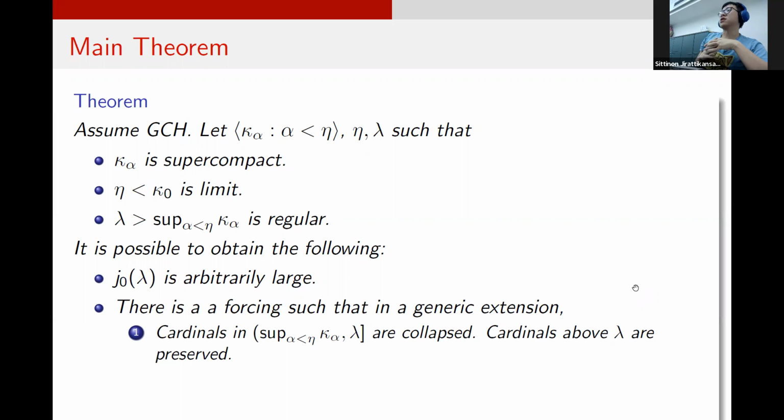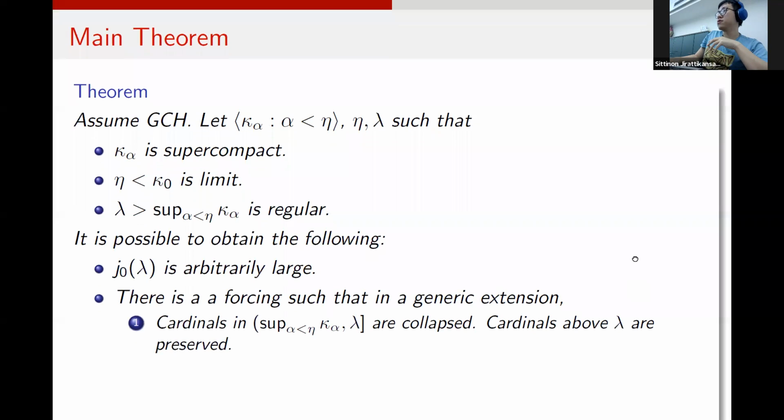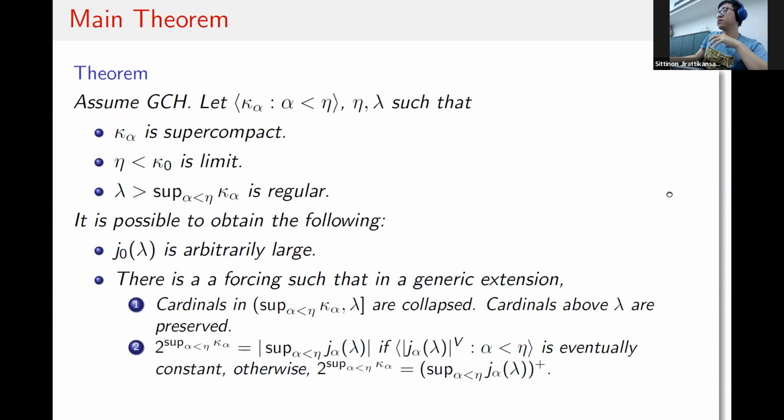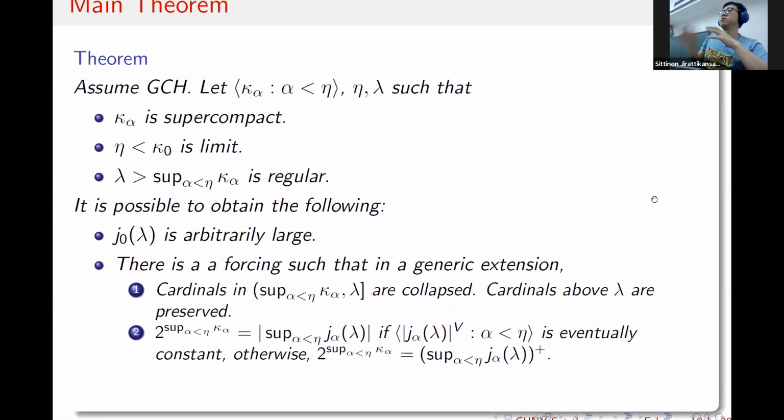In this setting, let me scroll out a bit. I think you can see more clearly. This time, I'm going to blow up the value of 2 to the sup to be at least the sup of J alpha of lambda, where alpha is less than eta, as stated in number 2.